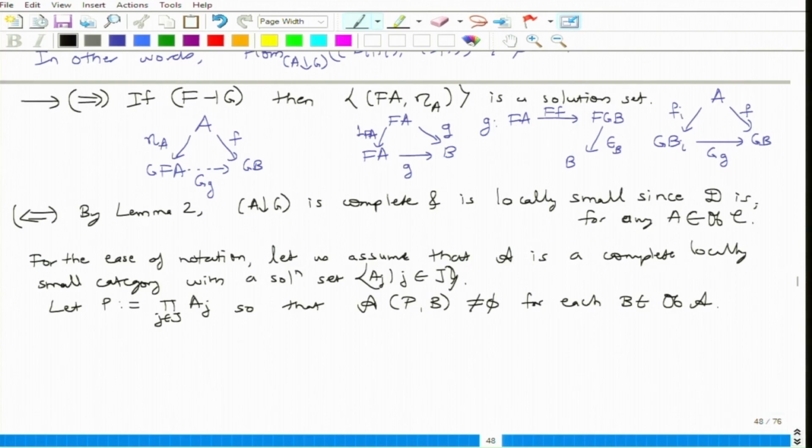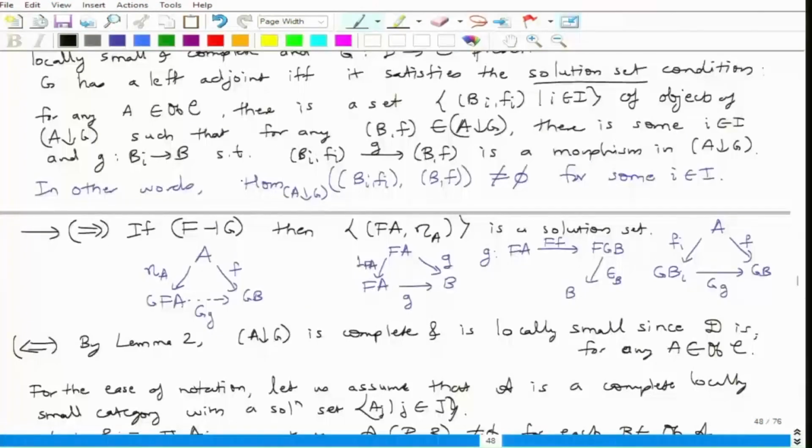There is a solution set for every object of A, but that means for the arrow category, the solution set simply means that this whole set is weakly initial.